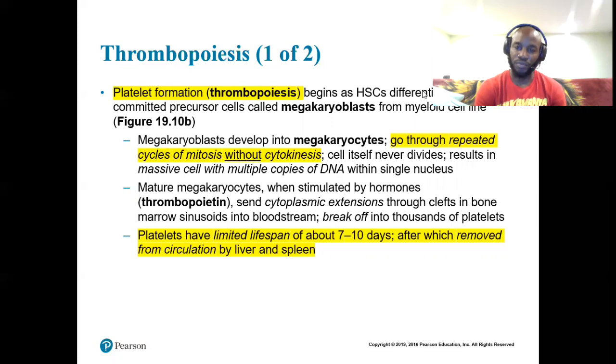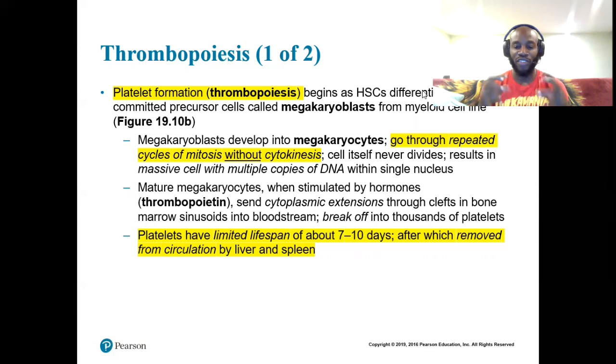Platelets begin as HSCs that differentiate into precursor cells, megakaryoblasts, and just as with the red and the white blood cells, I'm not going to expect you to know every step in the making of these different cell types. I won't test you on those per se, but what I do want you to know is the general idea, right? So these megakaryoblasts develop into what is called a megakaryocyte, which goes through repeated cycles of mitosis without cytokinesis.